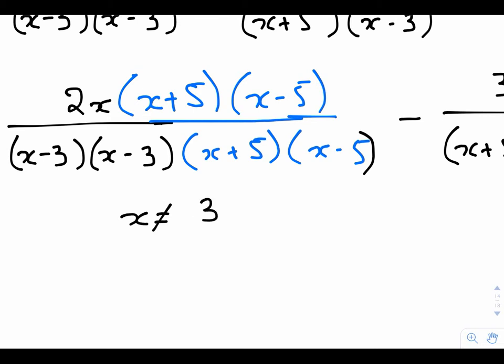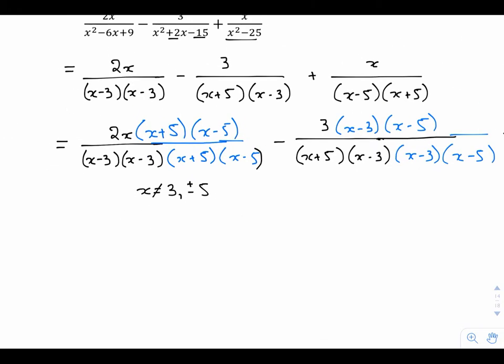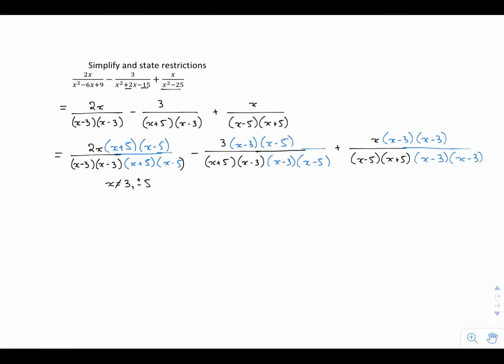No need for the plus sign. And x cannot be equal to plus or minus 5. And that comes from these 2 guys here. So those are our restrictions. I'm going to just polish it up, take these and put them to the side for now.